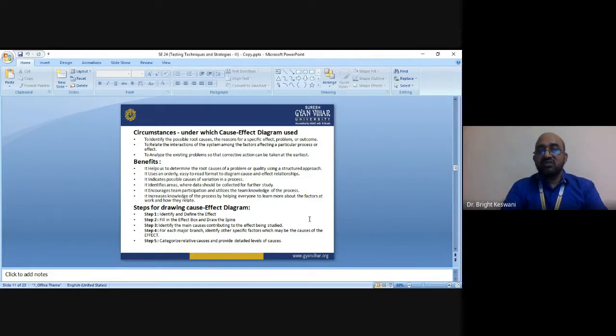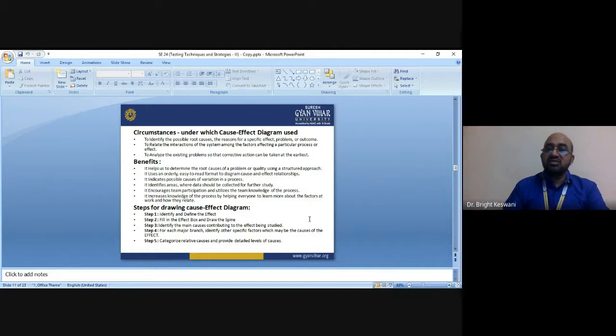What are the benefits? First benefit, it helps us to determine the root cause of a problem or quality using a structured approach. Secondly, it uses an orderly, easy to read format to diagram cause and effect relationships.